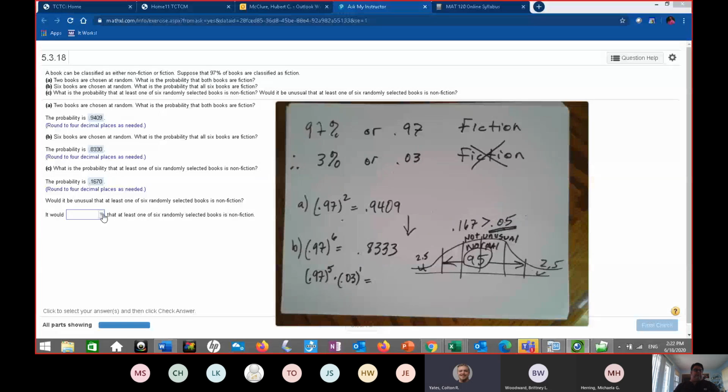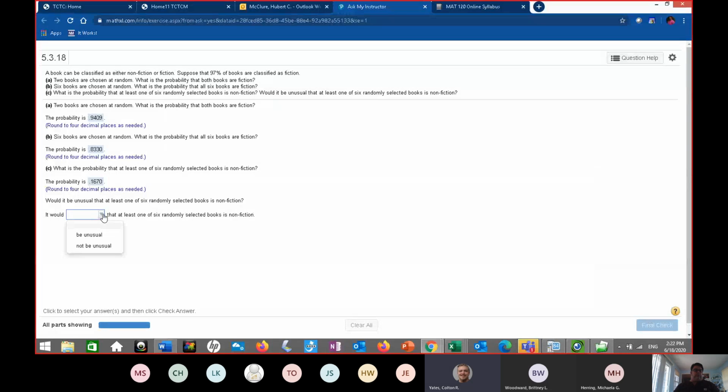Hubert, I'm going to stop you real quick. The way you solved C, I didn't do it like that, and I got a different answer when I tried to solve it by writing it in the calculator like that. What I did is I did 1 minus, and then I did the 0.97 raised to the 6. You should have got the same answer.